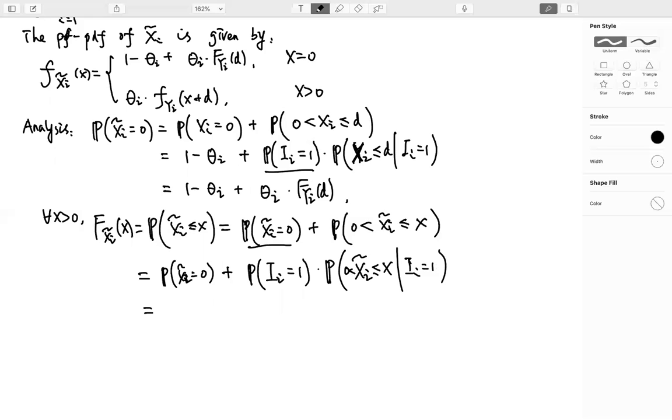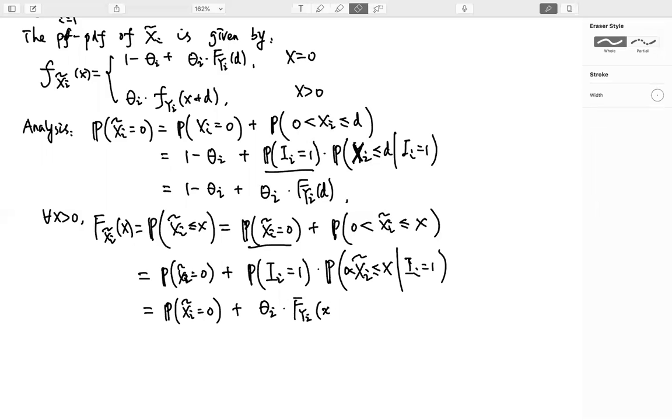Okay, so let's continue. This is a constant, I keep it. This is theta I. And it's actually x plus d.